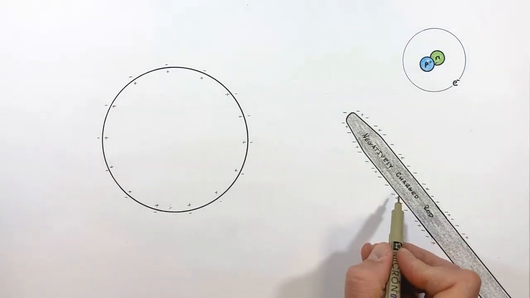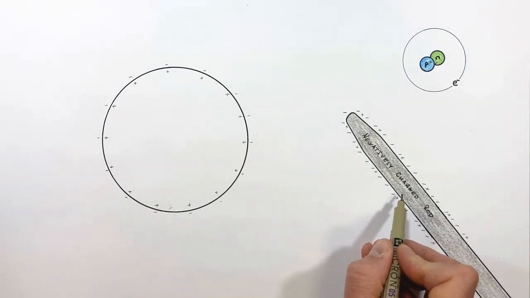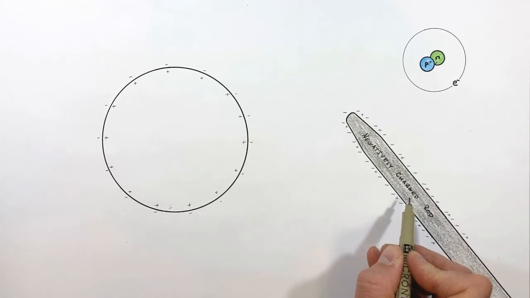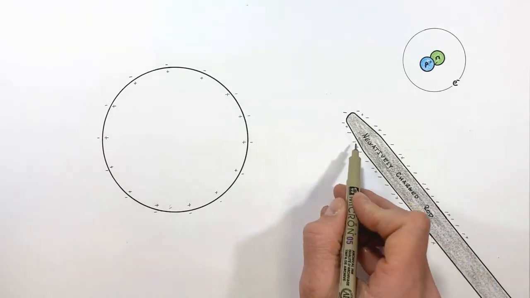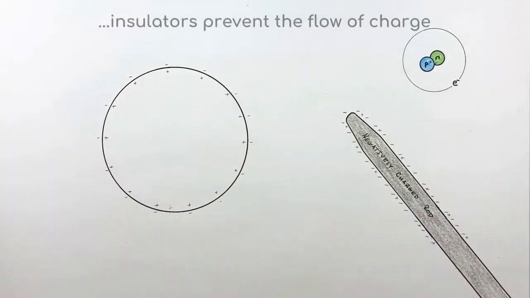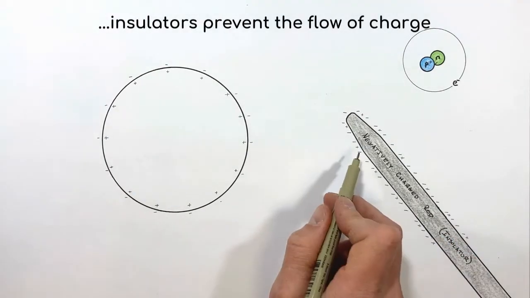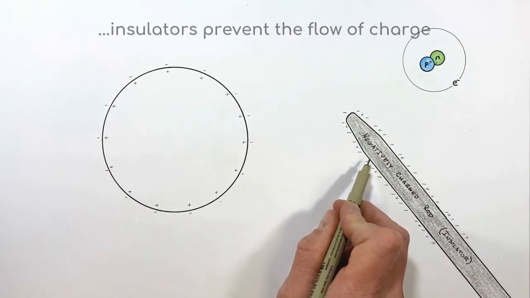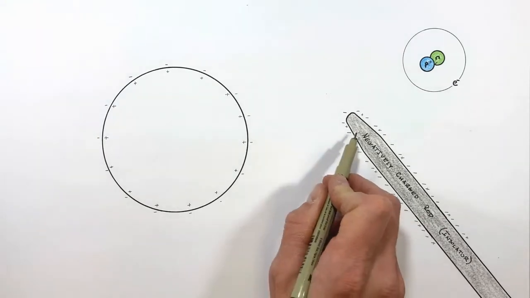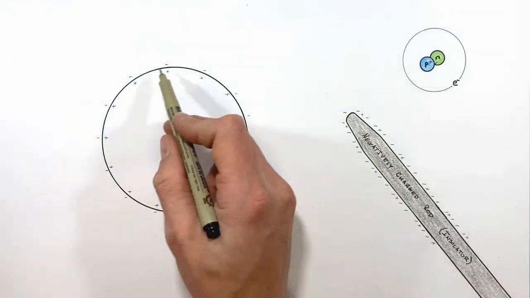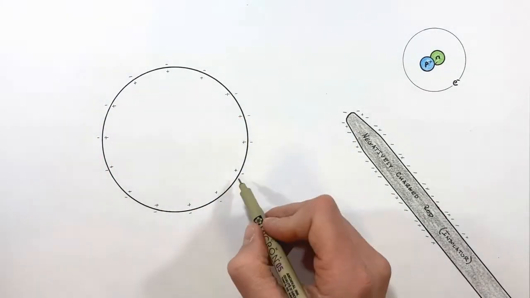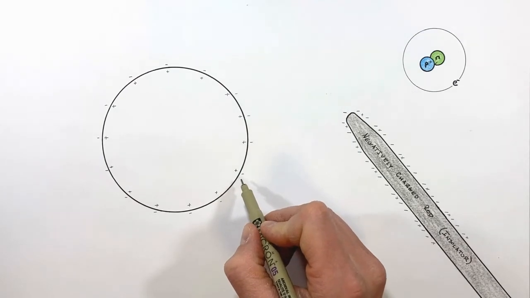But these charges over here on the rod are stuck in place because the rod is what we call an insulator, and it does not allow charges to move around. But the negative charges on this rod are not only pushing on the other charges within the rod, they're also pushing on the charges over here in our can. But this can, unlike the rod, is what we call a conductor.